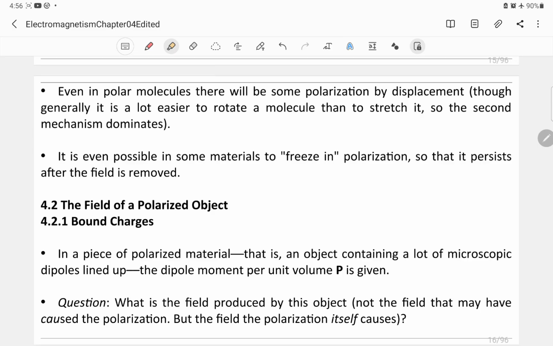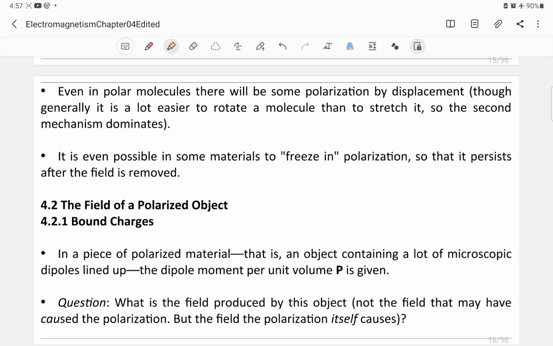By the way, in some situations, even if the electric field is removed, there is some kind of frozen-in polarization. Say, as an analogy, if you have a material exposed to a very strong magnetic field, this somehow makes the material a magnetized one.